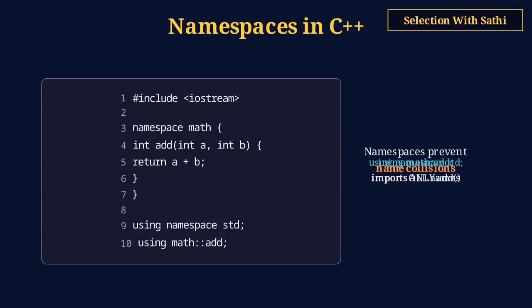Using namespace std is convenient for small programs but not recommended in header files because it pollutes the global namespace for everyone who includes that header. You can also create your own namespaces to organize your code.